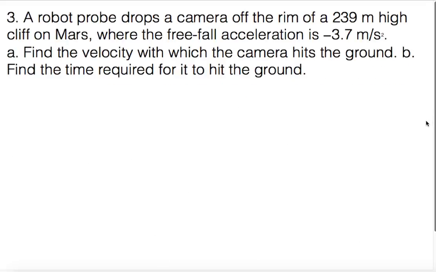A robot probe drops a camera off the rim of a 239 meter high cliff on Mars, where the free fall acceleration is minus 3.7 meters per second squared. If that happens on Earth, instead of 3.7, we would use 10 meters per second squared.